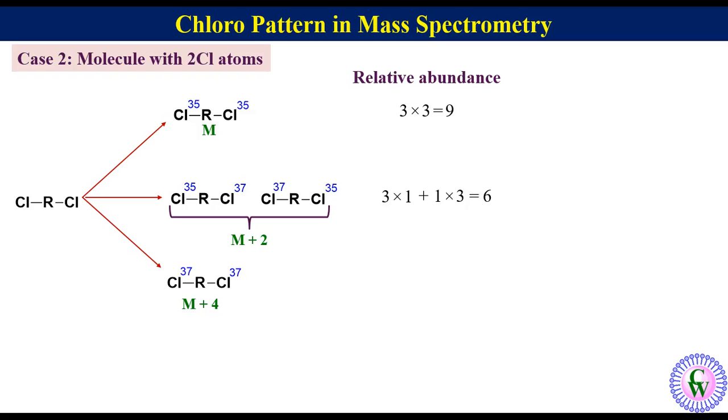And that of M plus 4 will be 1 into 1 is equal to 1. So the intensity ratio of M, M plus 2 and M plus 4 peaks will be 9:6:1. Thus, if the mass spectrum of a molecule has M, M plus 2 and M plus 4 peaks with the intensity ratio of 9:6:1, then it has 2 chlorine atoms in it.